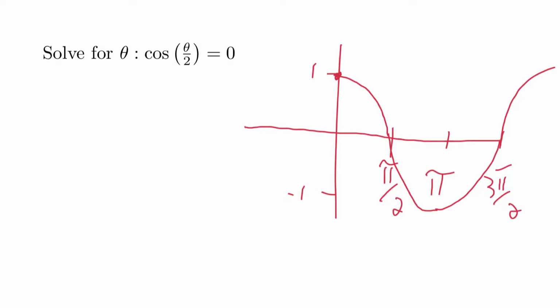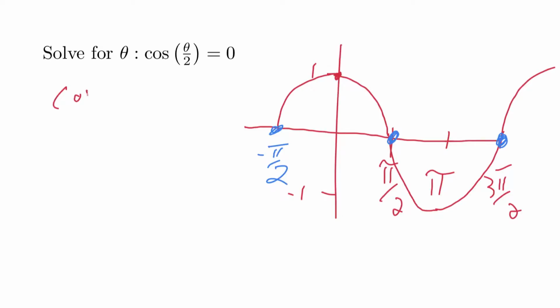So we see that cosine is equal to 0 at pi over 2, 3 pi over 2, also at minus pi over 2. So what does this tell us?